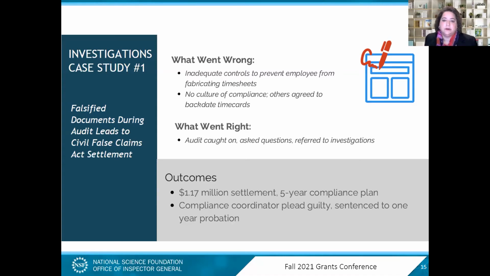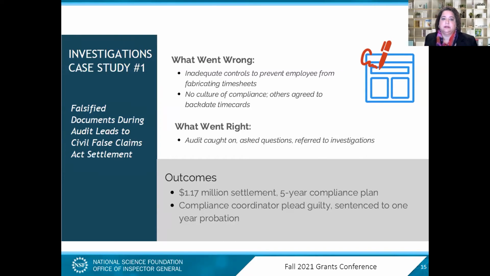The entity also had paperwork issues in that it had insufficient, inadequate, or a lack of supporting documentation. So the auditor questioned those expenditures. When an entity cannot support expenditures, NSF may disallow those items, meaning that the university would have to repay the money. So the university administrator, realizing that they're missing documents, tasked the compliance coordinator with providing the missing effort report.